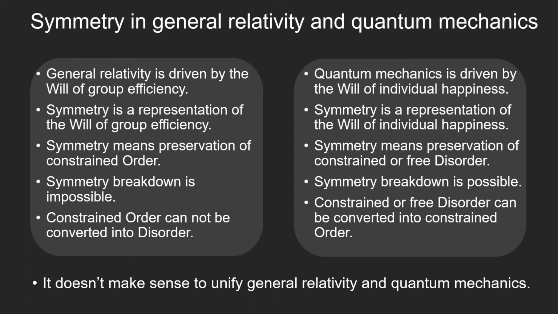Breakdown of the symmetry can take place. The constraint or free disorder can be converted into constraint order. The message from the discussion here is that it doesn't make sense to unify general relativity and quantum mechanics.